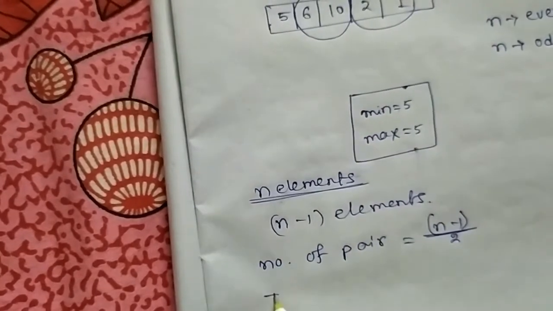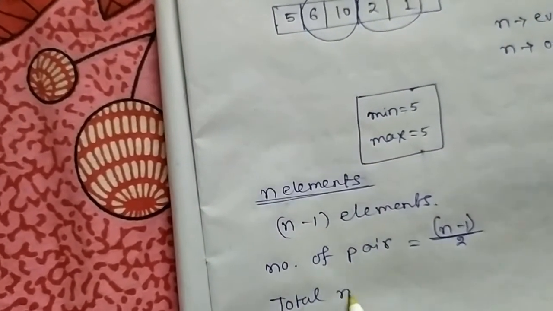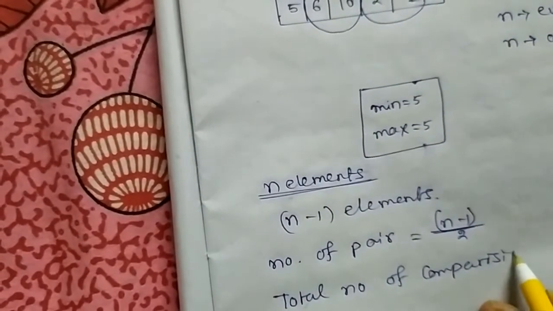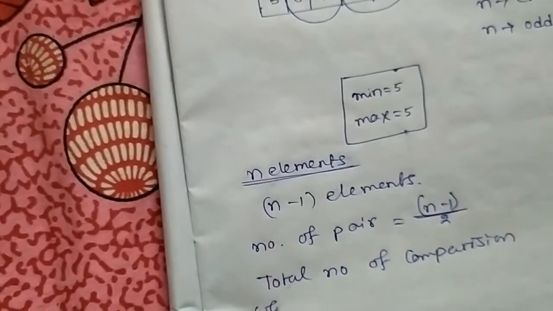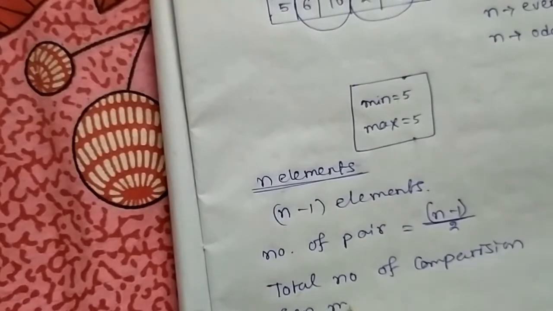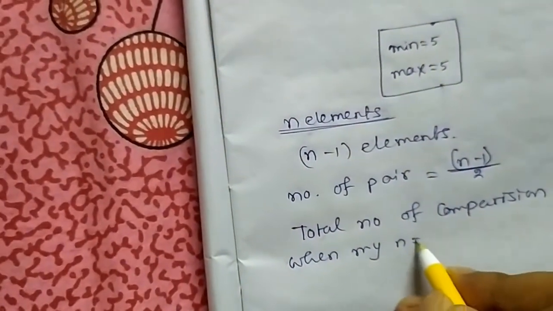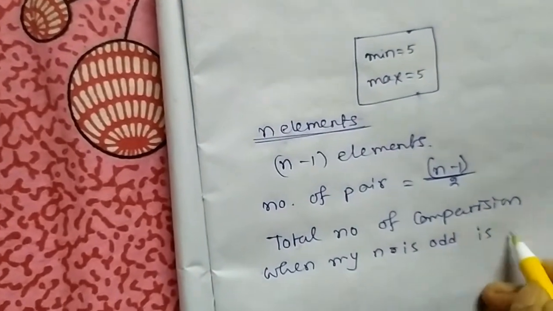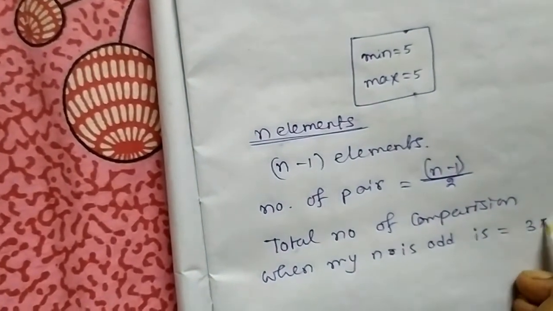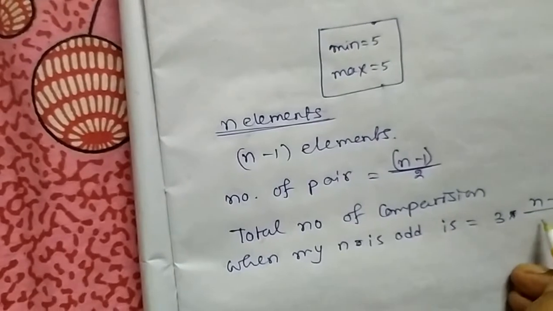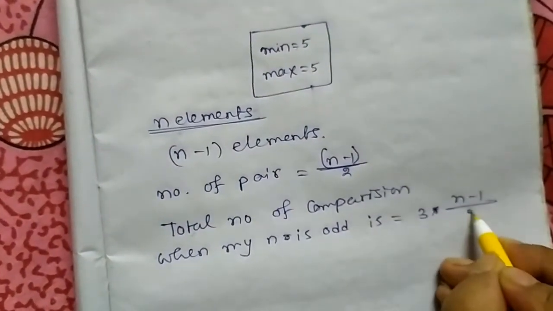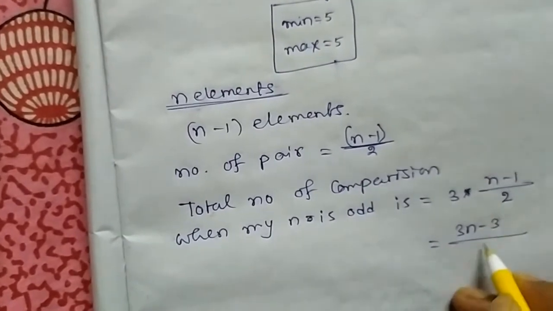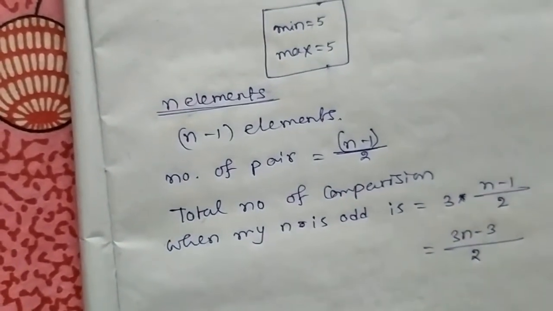So the total number of comparisons when my n is odd is equal to 3 into (n minus 1) divided by 2. That means (3n minus 3) divided by 2.